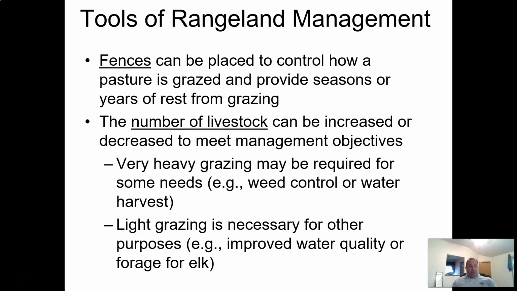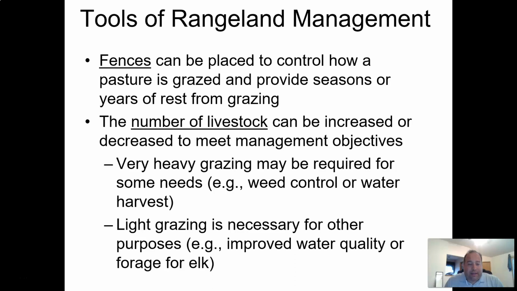You can also look at the different types of fences in order to keep certain animals in or out, and just the type of fence itself, electrified fence, barbed wire fence, wooden fence. It seems like such a simple tool, but it really is powerful in what it can do.